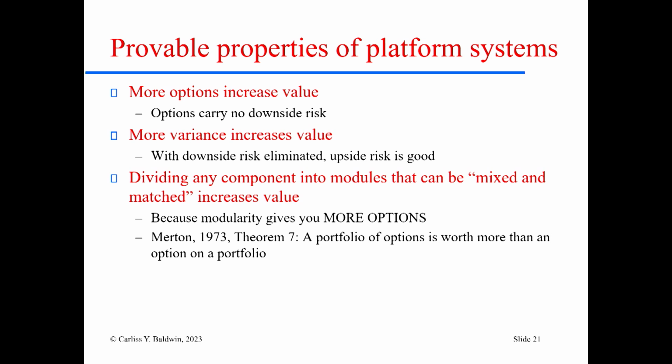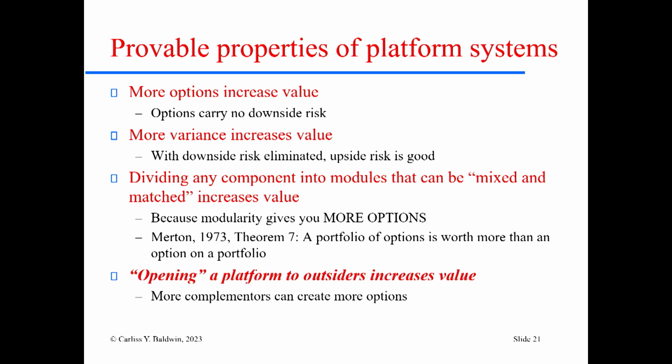That's Merton 73, Theorem 7. A portfolio of options is worth more than an option on a portfolio. And this is important, opening a platform to more complementers, say, y'all come, increases value. So more complementers create more options, make a bigger and better platform system.